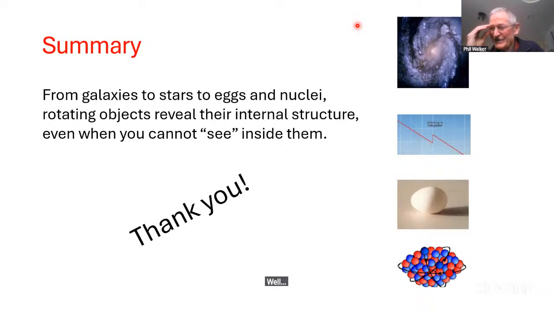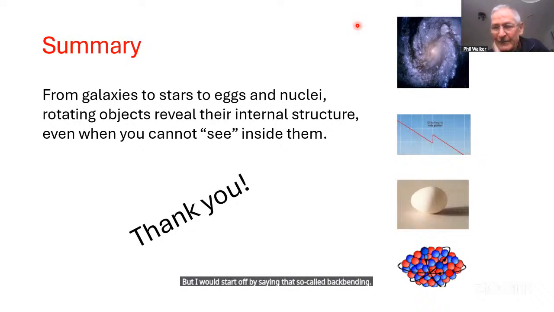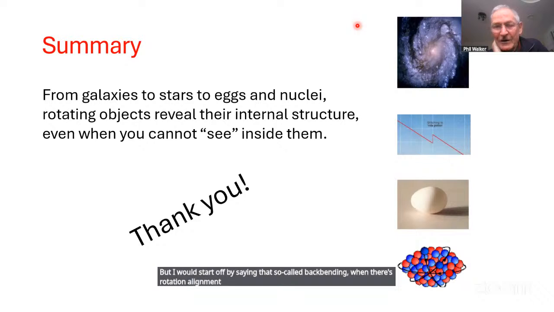there's a lot in that, but I would start off by saying that so-called backbending, when there's rotation alignment of a particular pair of nucleons, is a kind of band crossing.